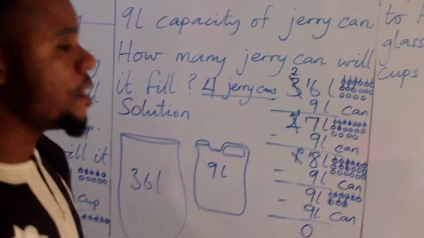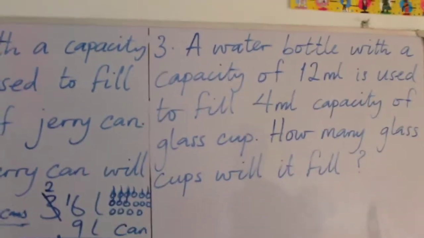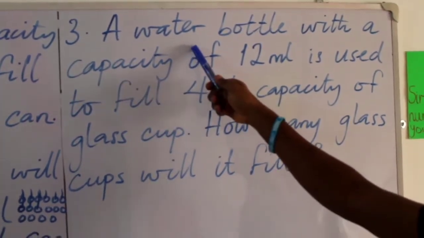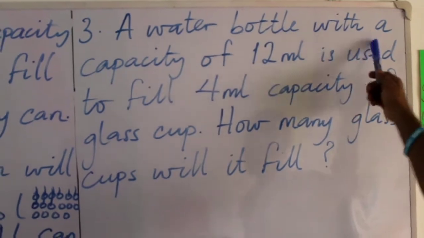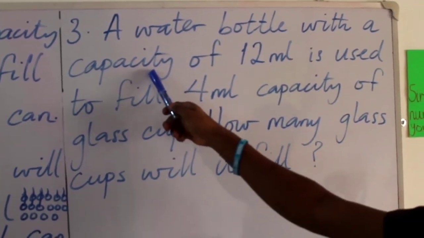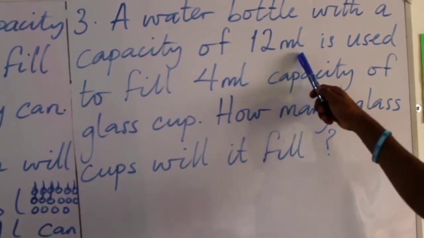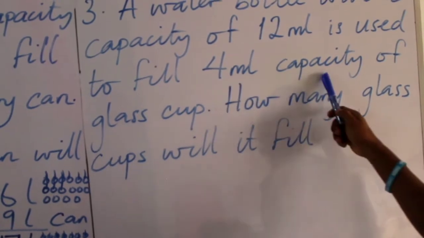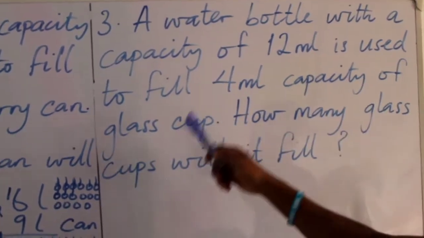So we go to the last word exercise, which is number 3. Please read with me. A water bottle with a capacity of 12 milliliter is used to fill 4 milliliter capacity of glass cup.